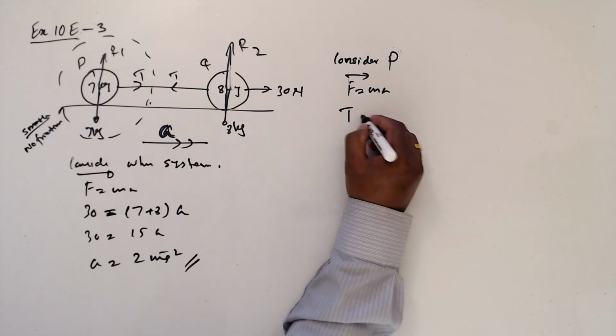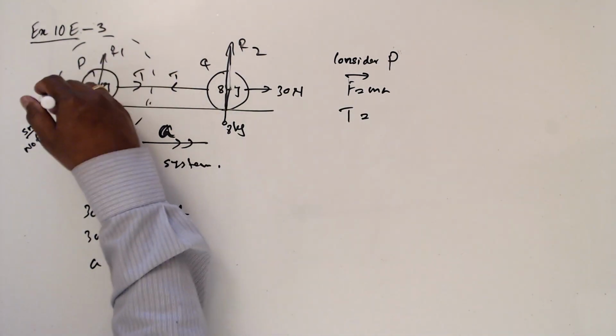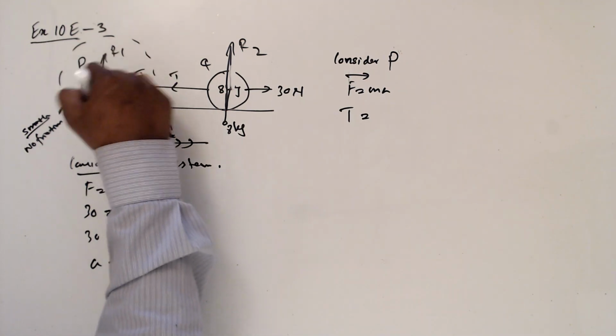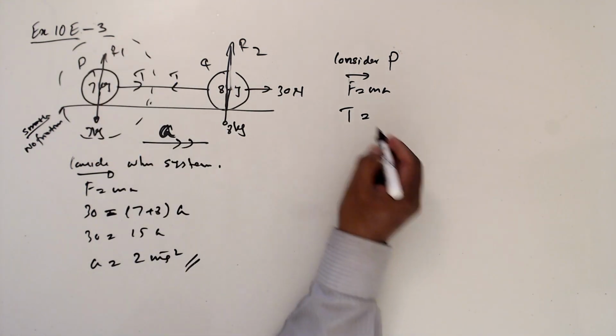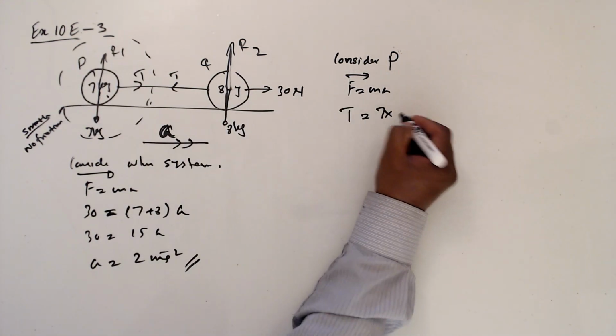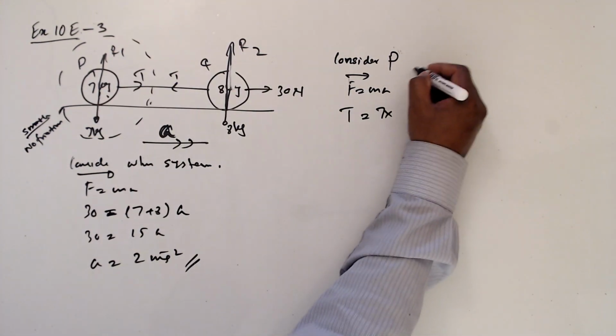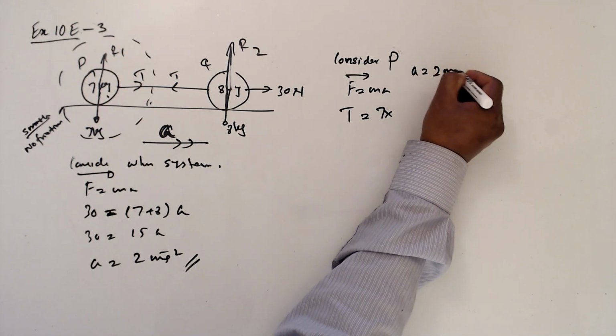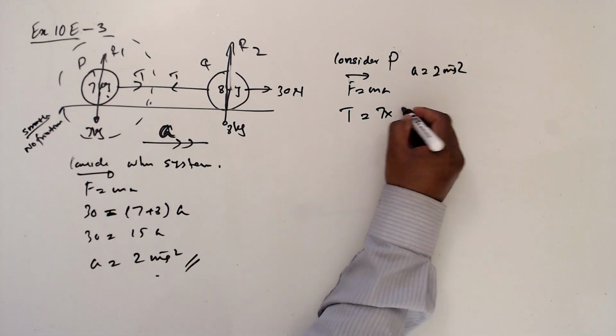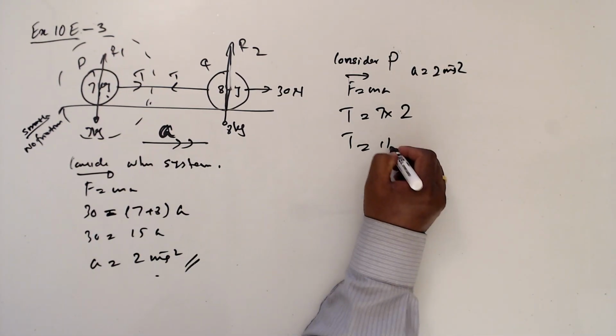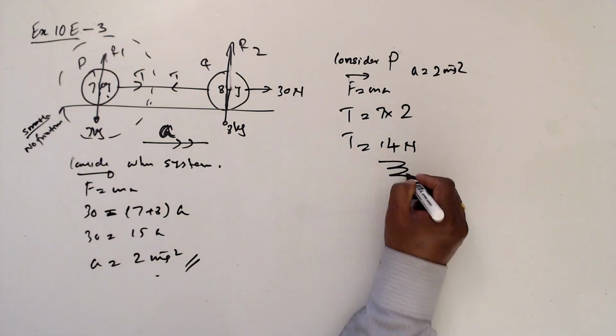So T equal, there is no other horizontal force for this system, and the mass is 7, and acceleration we know is a equal to 2 m/s², as we found out. So tension is 14 Newton.